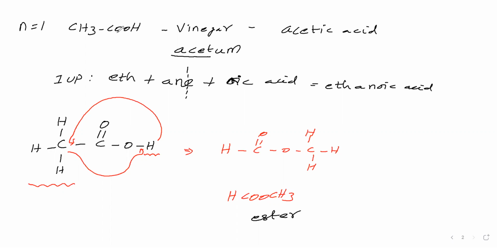For carboxylic acid, what is the functional isomer? Ester. For ester, what is the functional isomer? Carboxylic acid. So we can say that carboxylic acid and ester are functional isomers. Now we will see carboxylic acid and ester isomers.